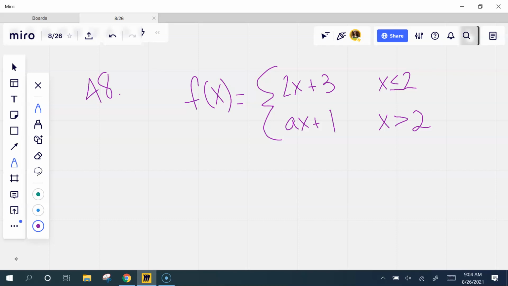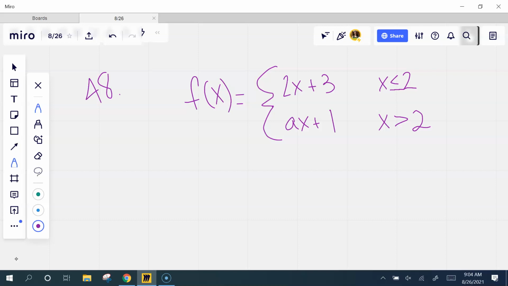Let's think about this for just a minute in terms of limits, because you need to be familiar enough with limits to understand. What does the definition of continuous mean in terms of limits? The limit from the left equals the limit from the right.